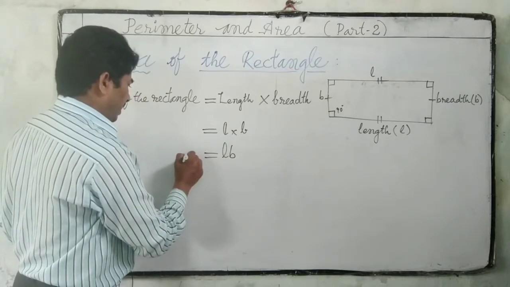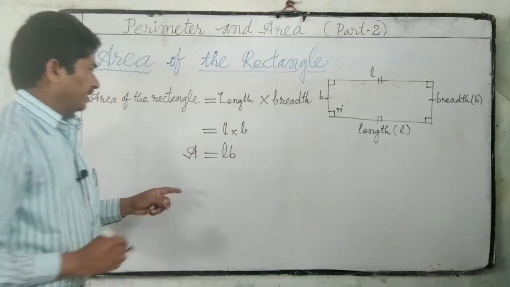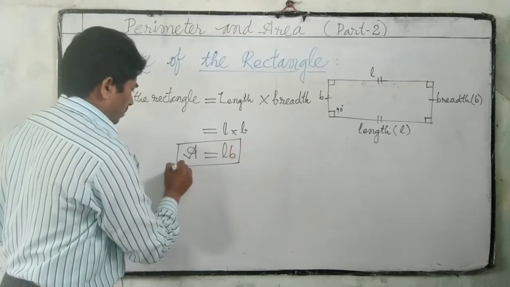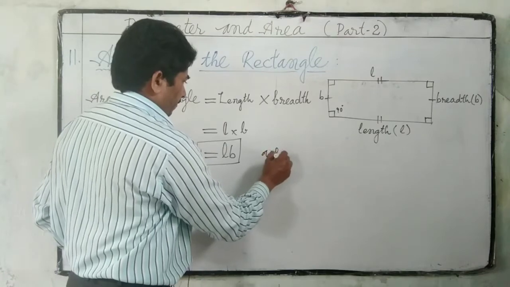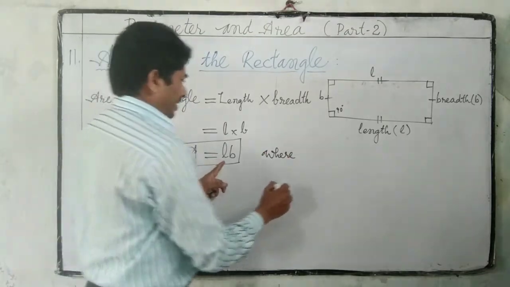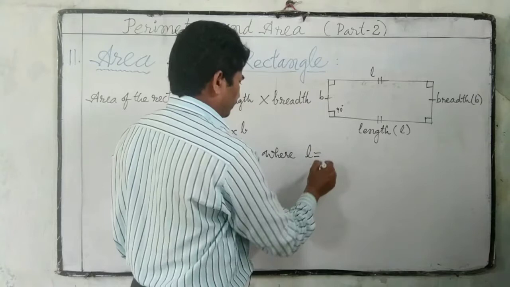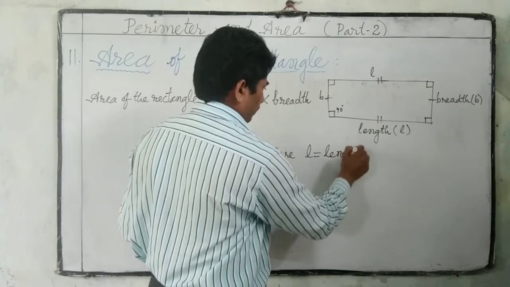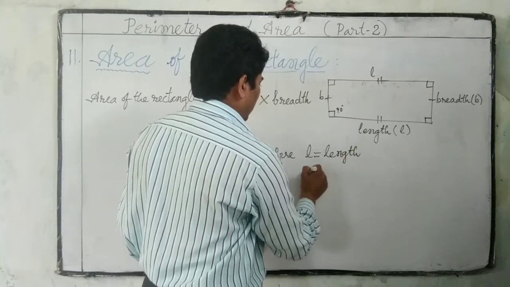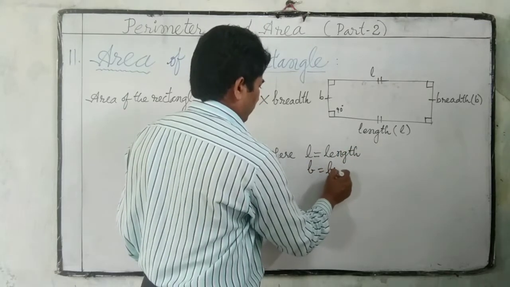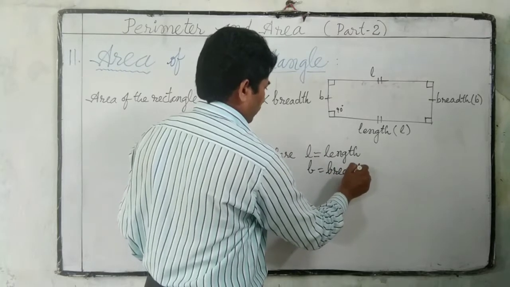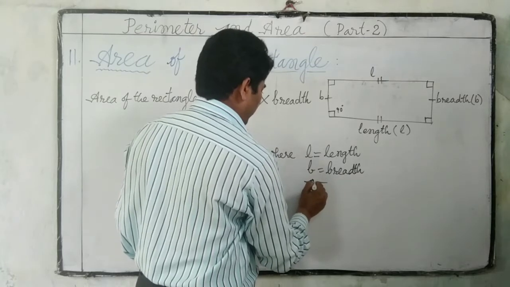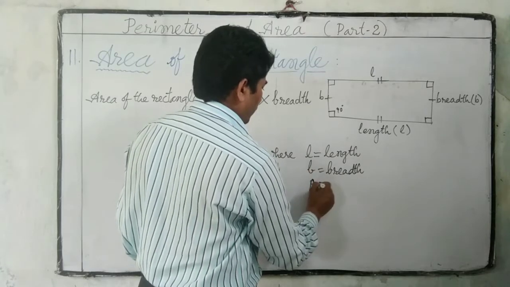This is area. Area of the rectangle A is equal to length into breadth. Where here L is length, B is breadth, and A is area.